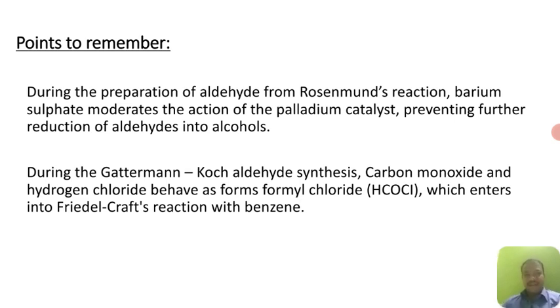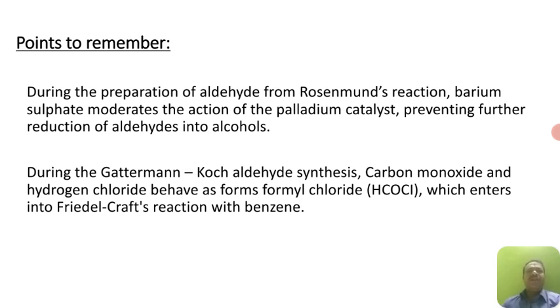Barium sulfate acts as a catalytic poison. It prevents further reduction of aldehydes into alcohols. So barium sulfate prevents the aldehydes from further reducing to alcohols. So it acts as a catalytic poison. It partially deactivates the palladium catalyst.